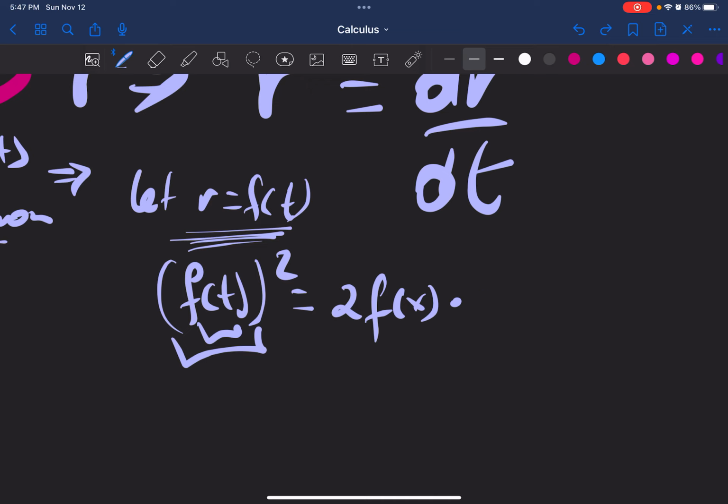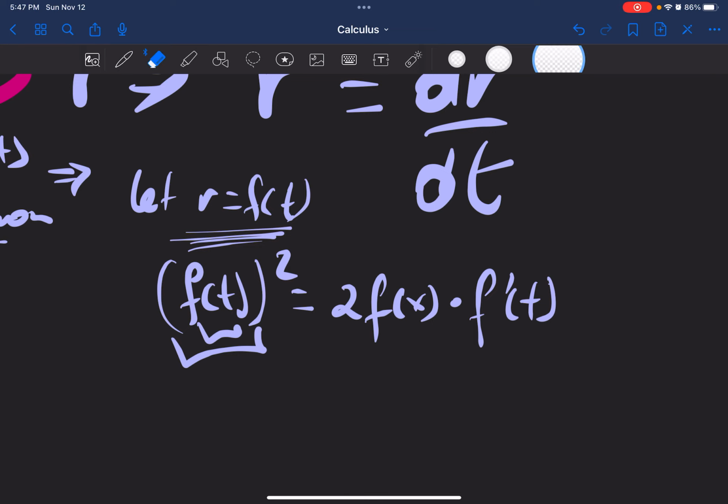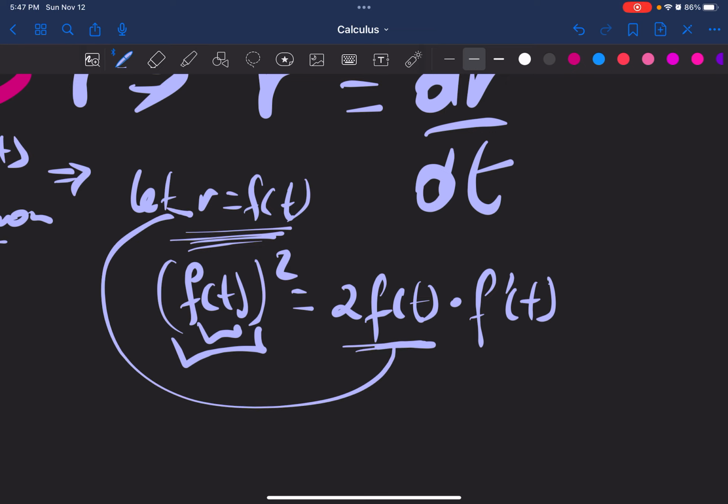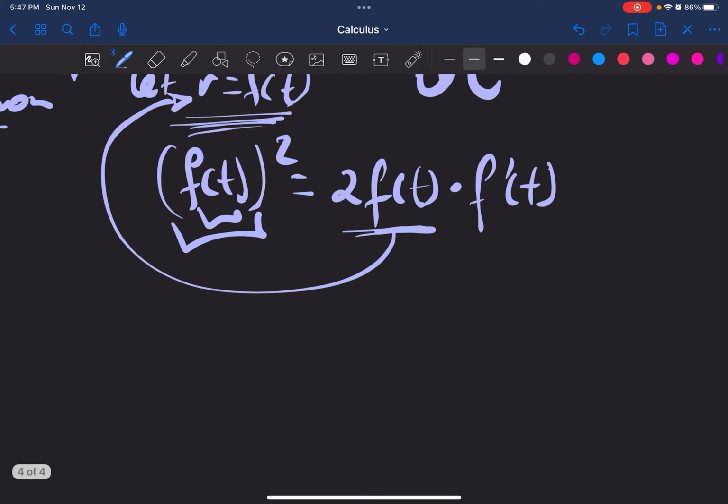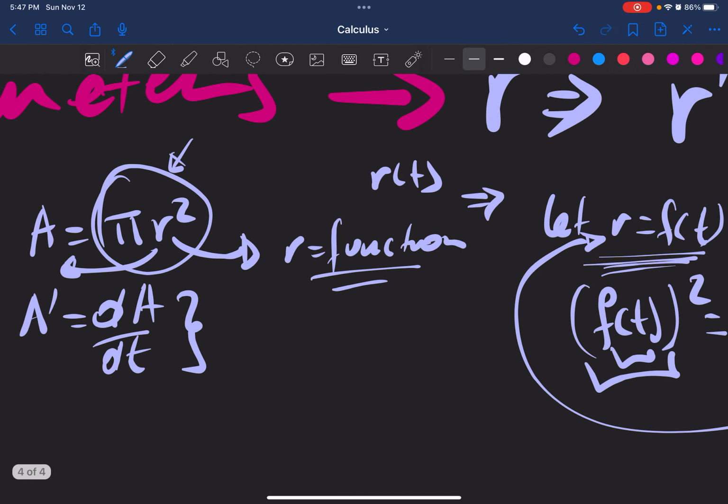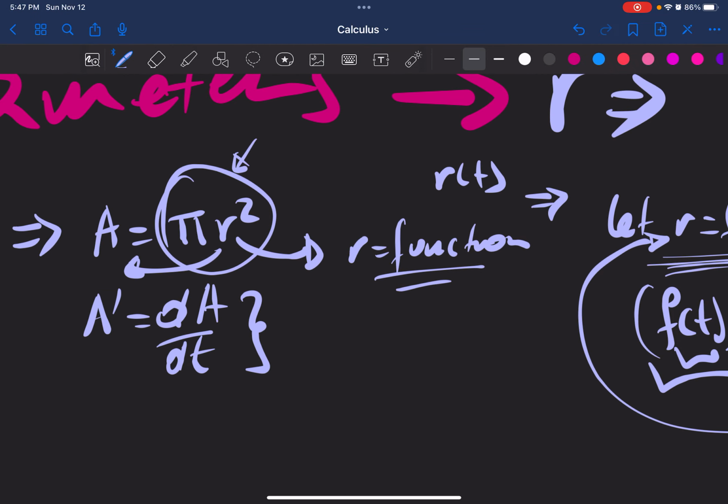Because I have a function inside of a function, right? Remember that r is the same as f of t. Then I can rewrite this as 2r times r prime. This is the derivative of this side of the equation. Remember that pi is a constant multiplying this whole thing, so I'm just going to keep the same pi.